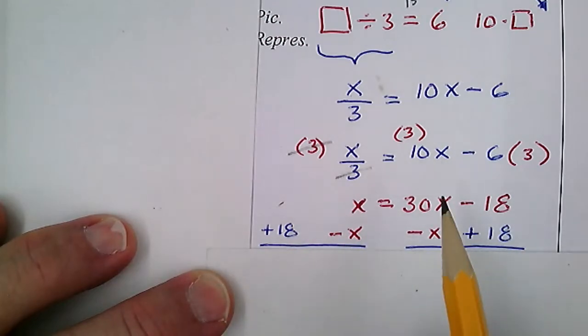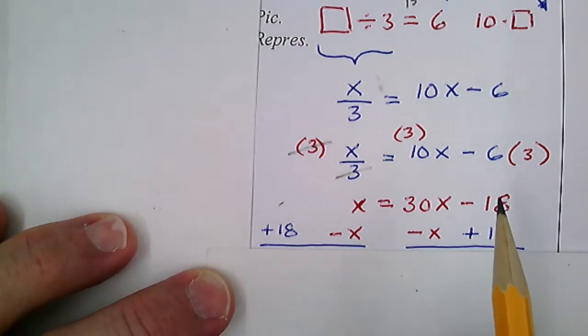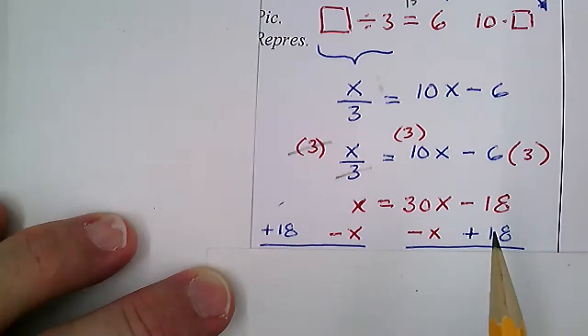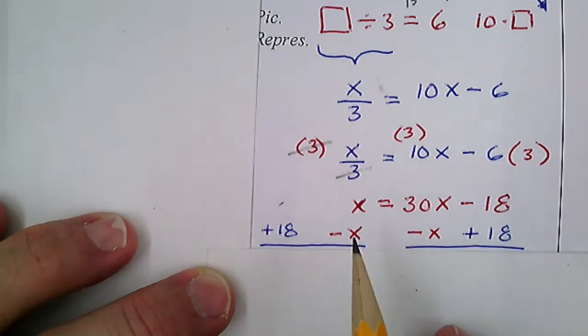So I'm going to subtract x and subtract x. So I'm doing 2 steps. We're kind of at a point in the school year where you should be able to handle 2 steps at the same time. So this is a minus 18, so I want to cancel it out by doing a plus 18 and a plus 18. This is an x, I want to subtract an x and subtract an x. So these get canceled, these get canceled.